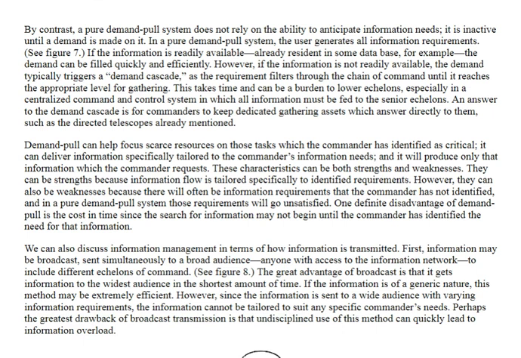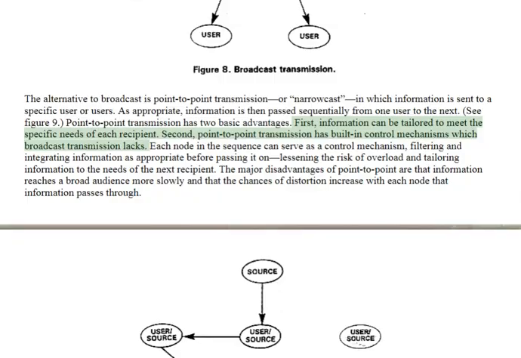The alternative to broadcast is point-to-point transmission, or narrowcast, in which information is sent to a specific user or users. As appropriate, information is then passed sequentially from one user to the next. See Figure 9. Point-to-point transmission has basic advantages. First, information can be tailored to meet the specific needs of each recipient.